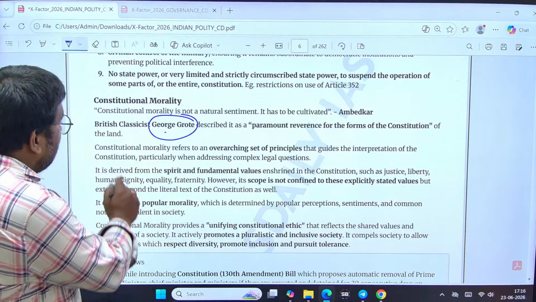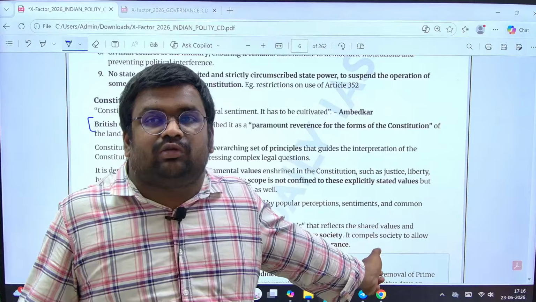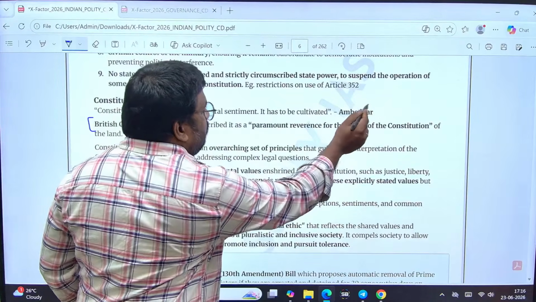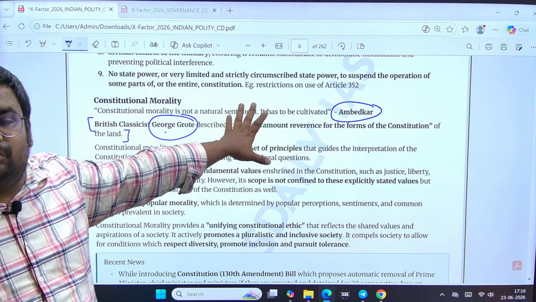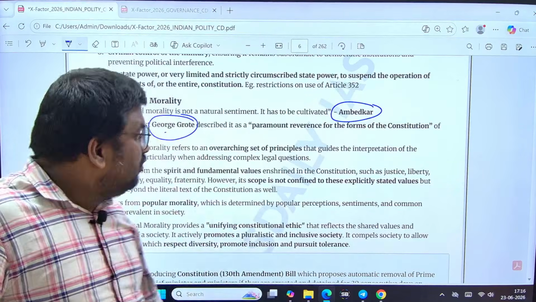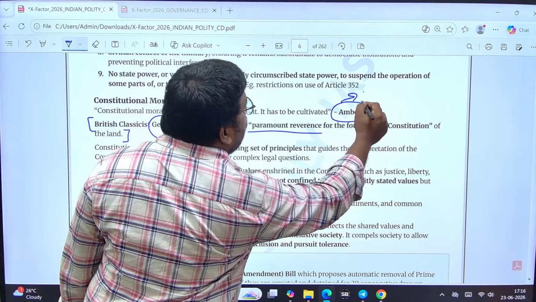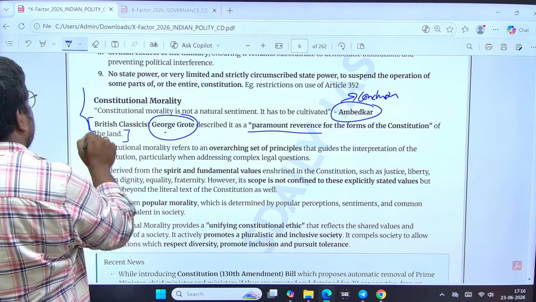अब ये काफ़ी बड़ा भी नहीं है. This will also be 2 lines introduction, but it will be unique. ठीक है, अगर ये नहीं है तो alternative is you have the quote of Ambedkar. तो ये 2 चीज़ें आपके कॉन्स्टिट्यूशनल मोरालिटी के क्वेश्चन में आनी ही चाहिए. So if you are going with the definition into the introduction, you can use this particular quote into the conclusion, right? And this is your X factor.